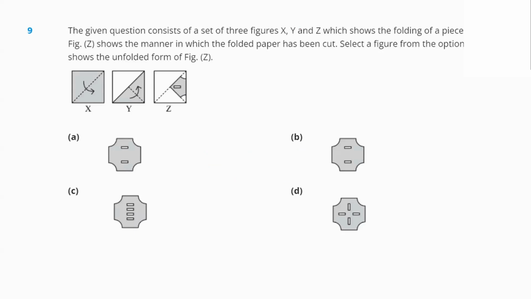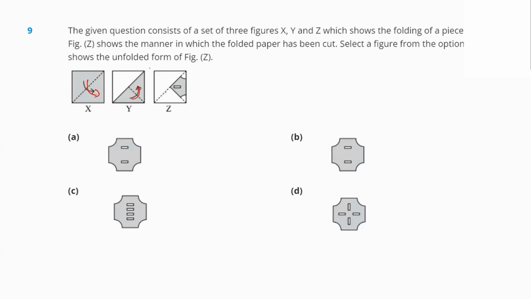The given question consists of a set of 3 figures X, Y, Z, which show the folding of a piece of paper, and figure Z shows the manner in which the folded paper has been cut. Select the figure from the options which shows the unfolded form of figure Z. So first the paper is folded in this way, then in this way.